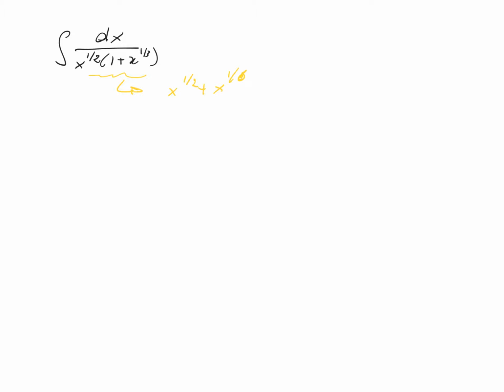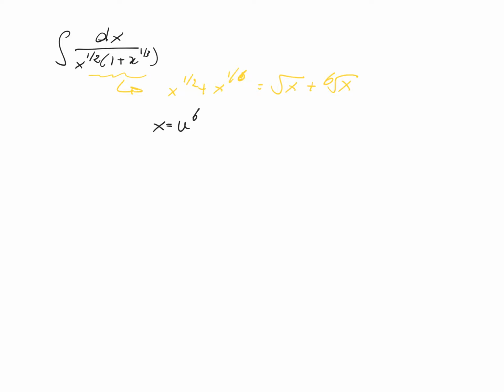If we want to get rid of these roots, so this is the root of x plus the sixth root of x, we need to set x equal to u to the power 6. So if we do this, x is equal to u to the power 6. This gets rid of the sixth root of x, and it will also get rid of the root of x, because that will be just u to the power 3.